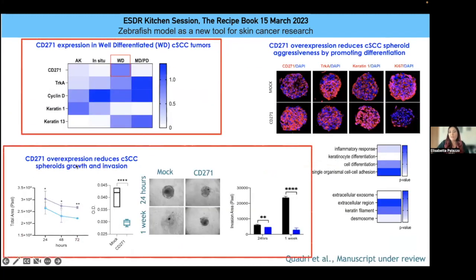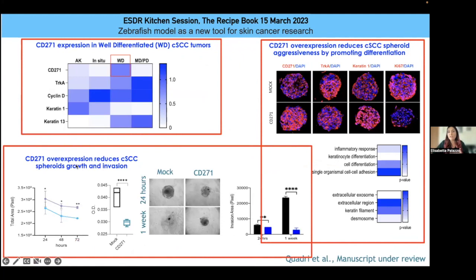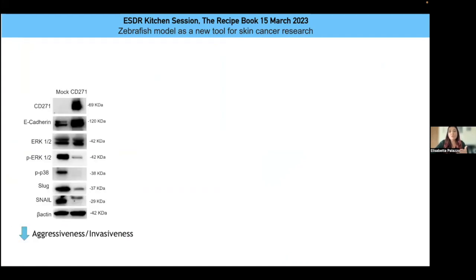Here we have a bunch of experiments indicating that the expression of this receptor correlates with a reduction of proliferation, a reduction of invasion, and it can promote SCC cell differentiation. We see this phenotype when we perform CD71 overexpression, where we basically have a decrease of aggressiveness or invasiveness properties of SCC cells.